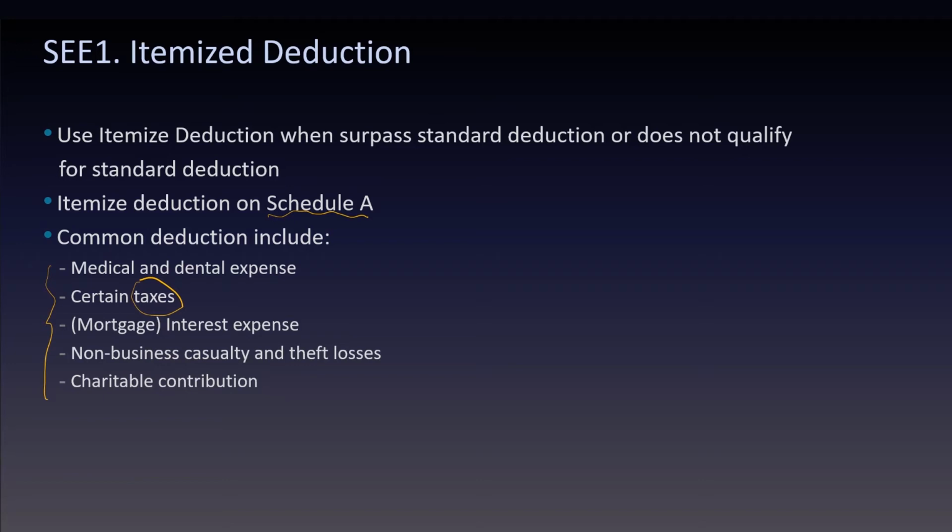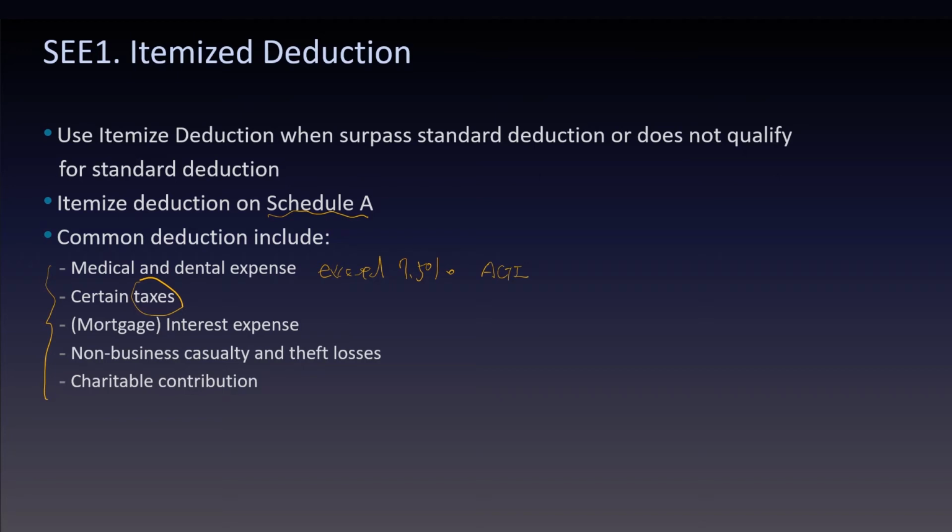So first, for the medical expense deduction: medical and dental expenses include the cost of insurance premiums, as long as your employer doesn't reimburse you for them, as well as certain qualifying medical and dental expenses. You can deduct the portion that exceeds 7.5% of your AGI.